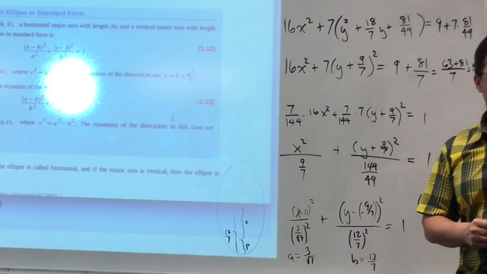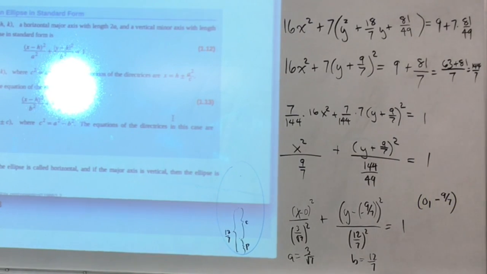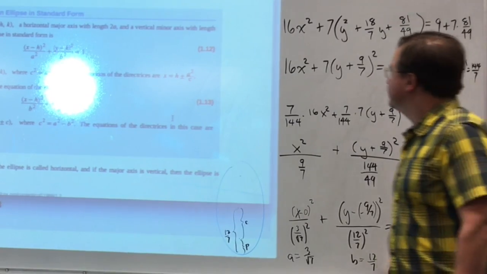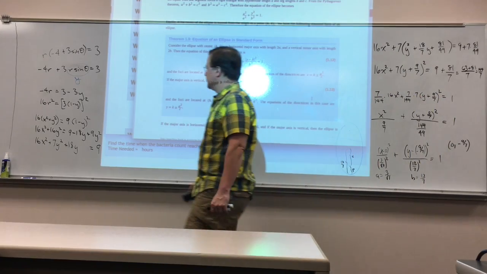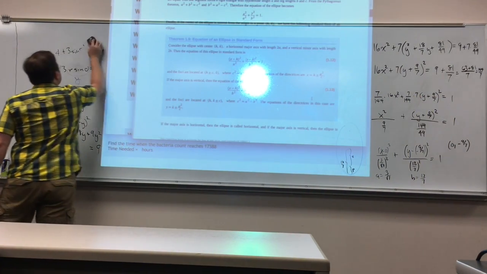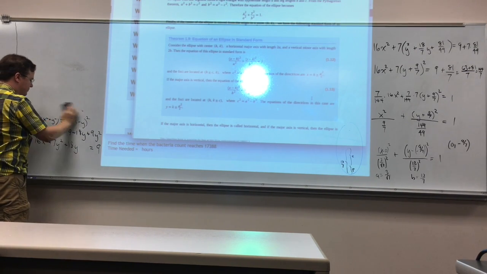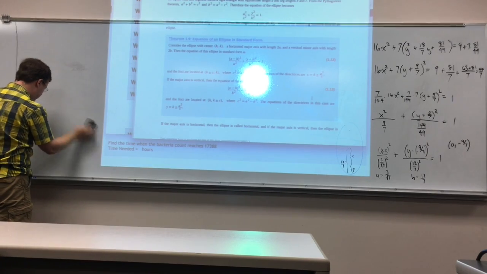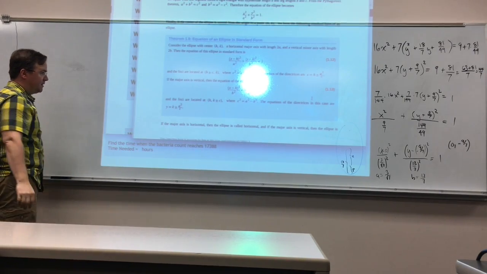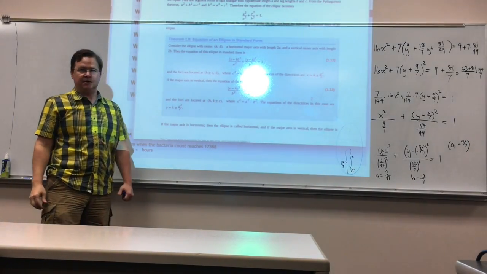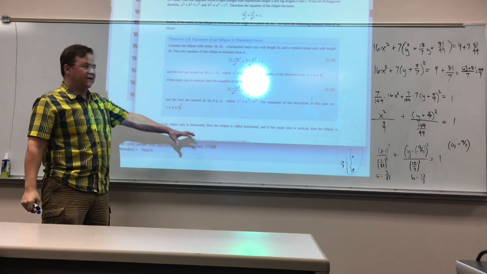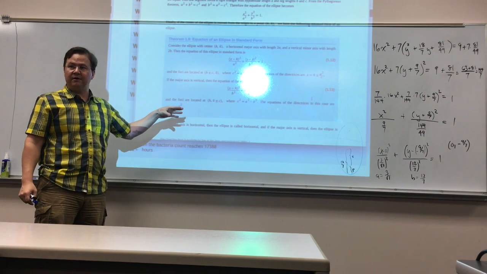So, interesting stuff. Conic sections. I think if you were completely comfortable with polar coordinates and you had access to that equation, it might be a little quicker.